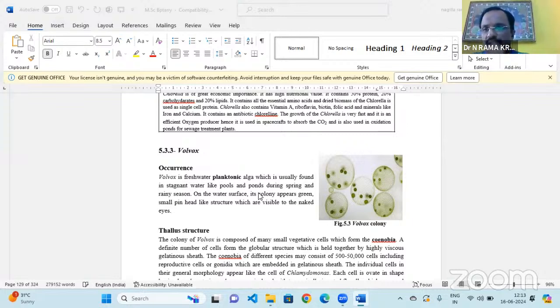The second one is the dense region possessing the perinuclear Golgi bodies, dictyosomes, numerous mitochondria, ribosomes, a few strands of granular endoplasmic reticulum, a single chloroplast, and the nucleus. This we call the cytoplasm.